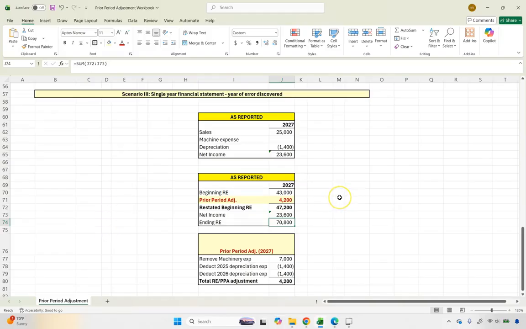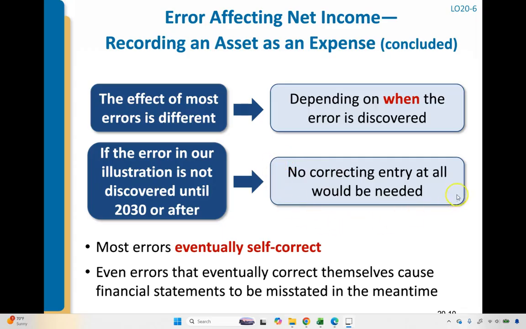Let's just say, I didn't put this here, but our final scenario is that this wasn't discovered until 2030 or 2031, when this asset would have been completely depreciated. Well, in that situation, no correcting entry would be needed at all, because it's just self-correcting.